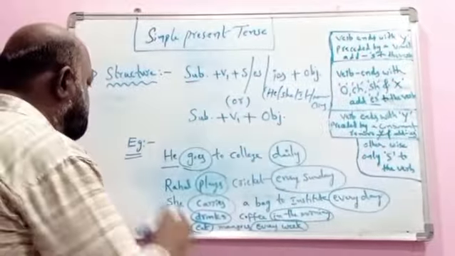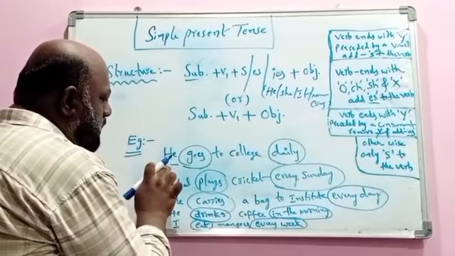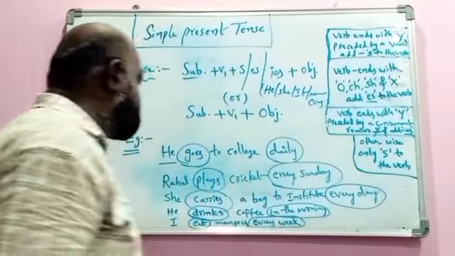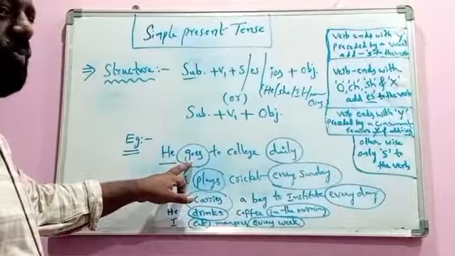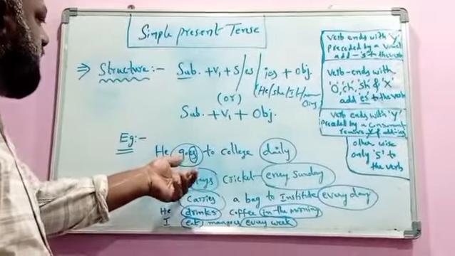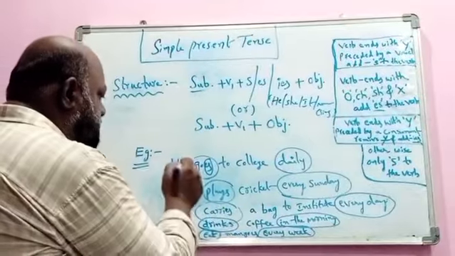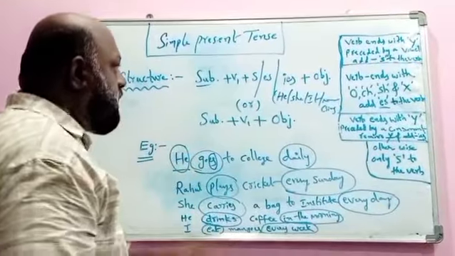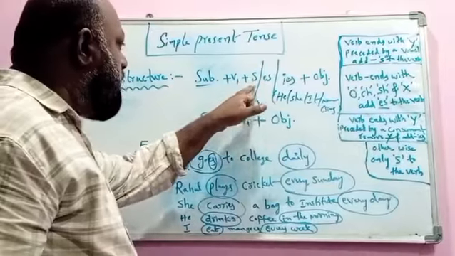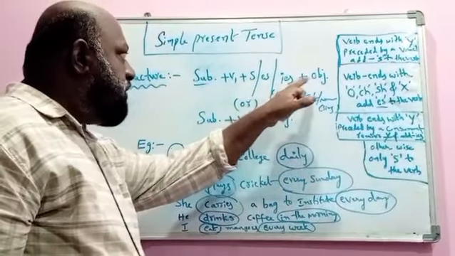Okay. You see the example. First example: He goes to college daily. In this sentence, go is a verb. We have added es here. Why have we added es here? Because the subject is in third person singular number, we have to add S/ES/IES plus object.